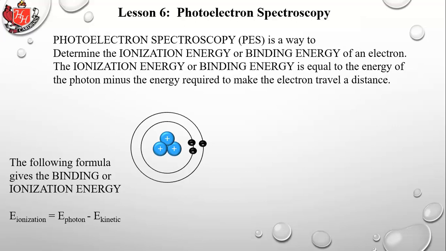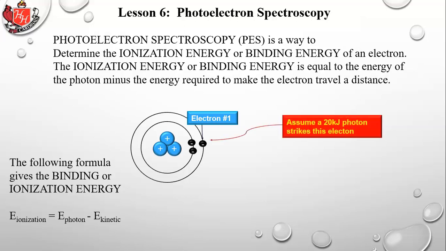So here's electron number 1. It's the valence electron in a lithium atom. I've excluded the neutrons because they're not important here. Assume that a 20 kilojoule photon, a particle of light that has 20 kilojoules of energy, strikes that electron. Energy is measured in joules.